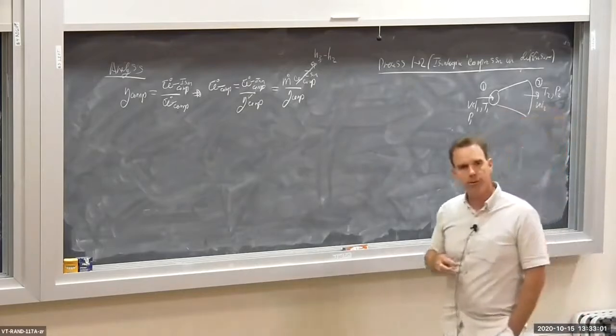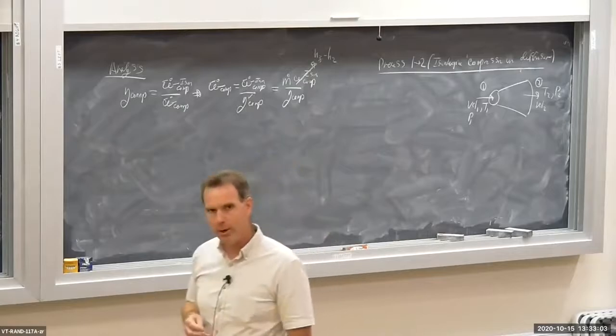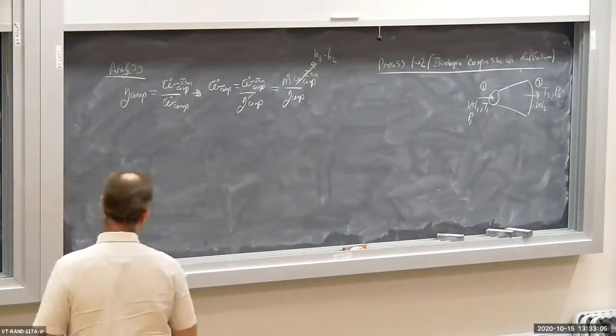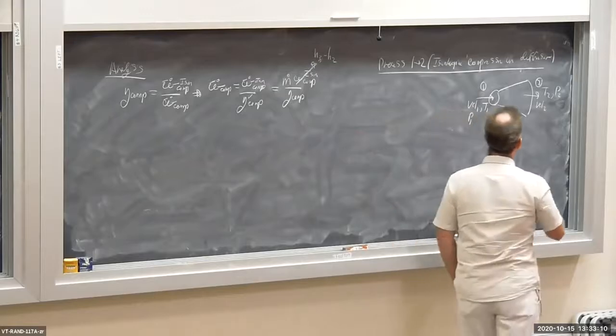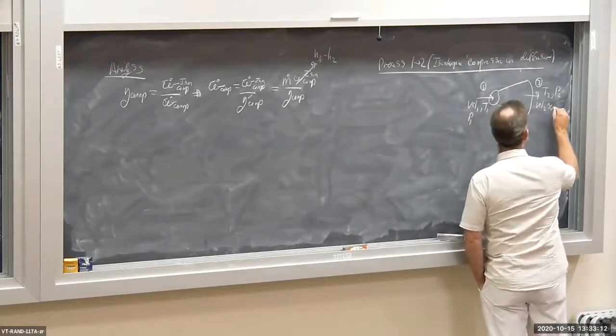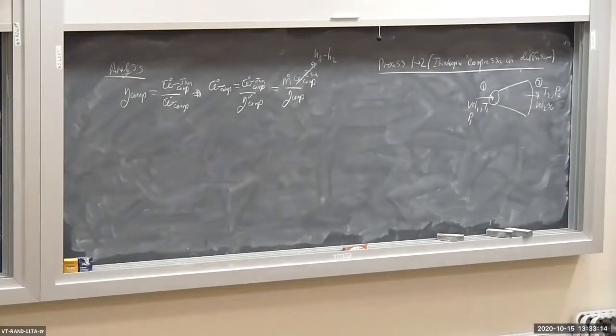Now, the purpose of a diffuser is to convert the kinetic energy of the flow into enthalpy. So I'm going to assume that the outlet velocity of my diffuser is negligible.